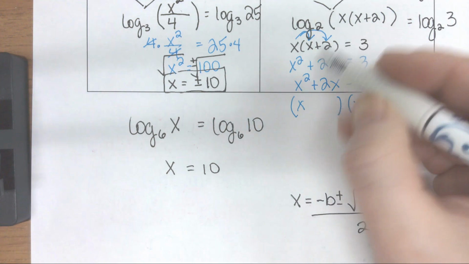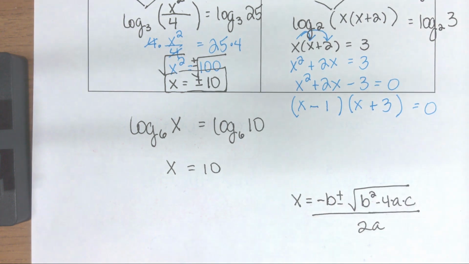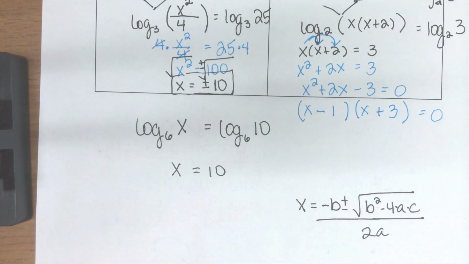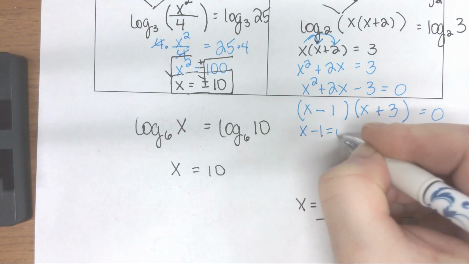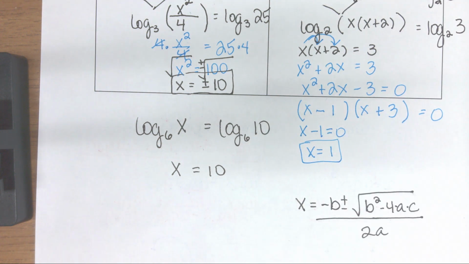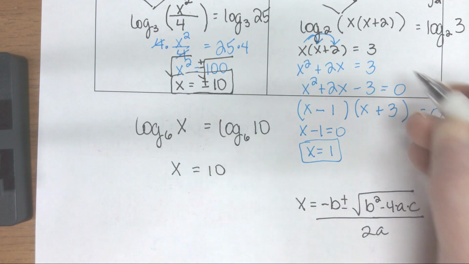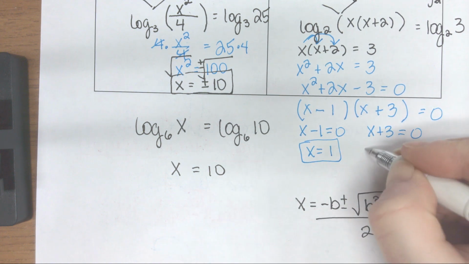X minus 1, x plus 3. Okay, what do I do next? Set them both equal to 0. So if x minus 1 equals 0, x would equal 1. That's one of my solutions. In a second I'm going to double check and make sure that it works in the original. This would be x plus 3 equals 0, so x equals negative 3.